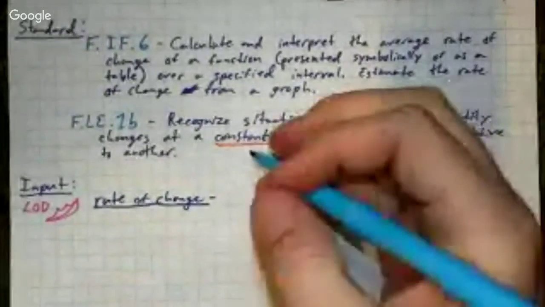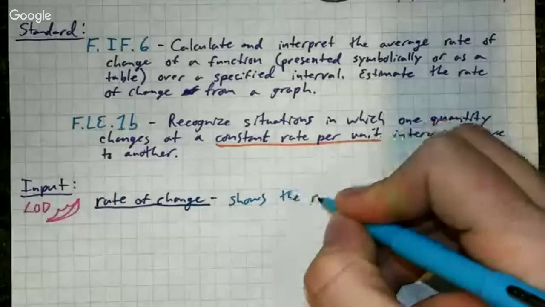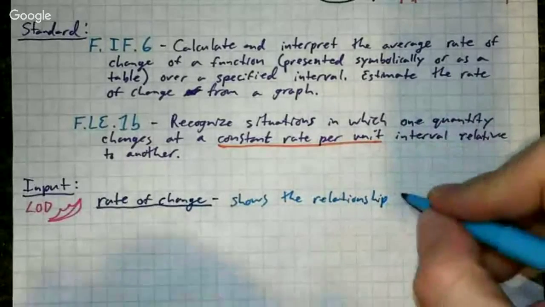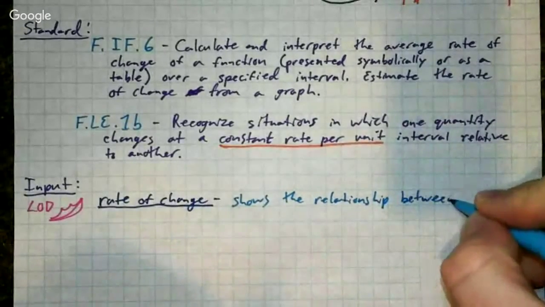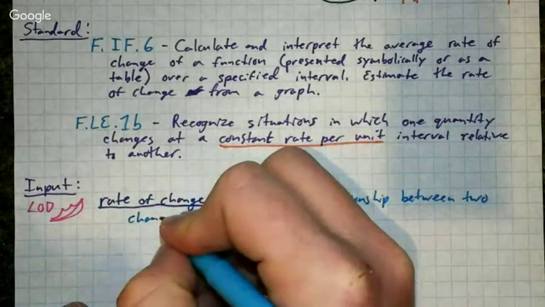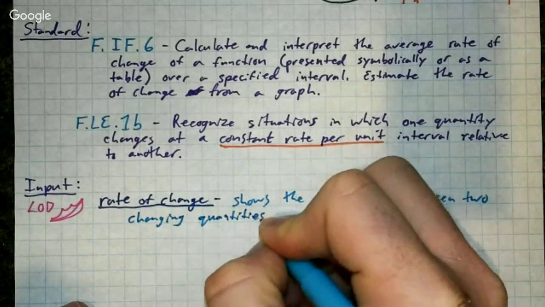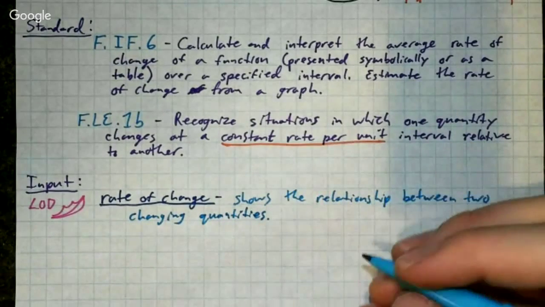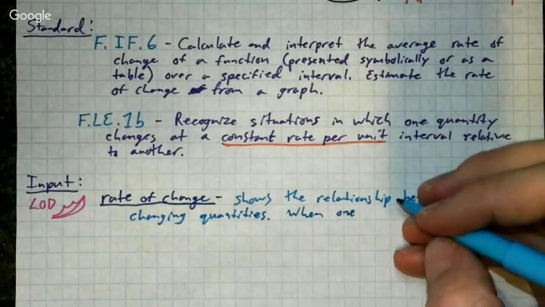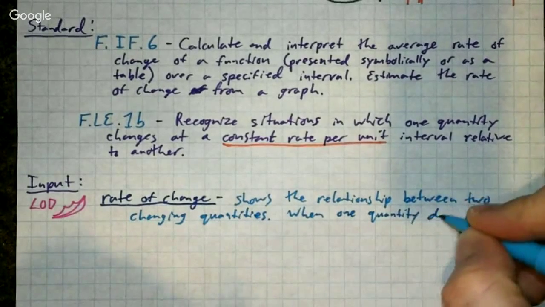And the rate of change shows the relationship between two changing quantities when one quantity depends on the other.